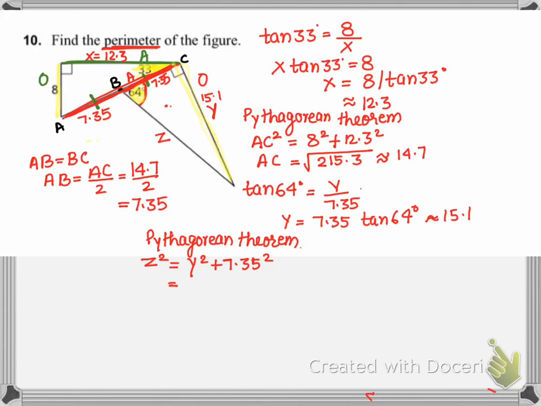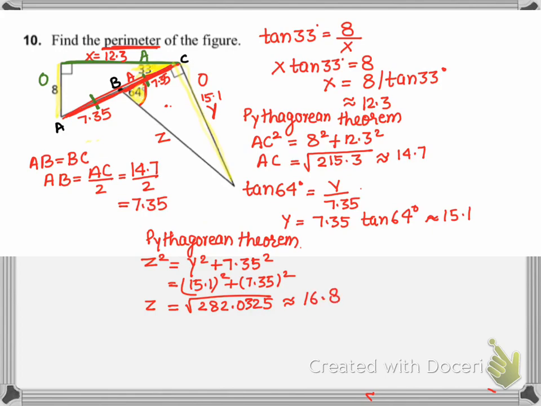So y square, I got 15.1 square plus 7.35 square. When I simplify it, z is going to be the square root of 82.0325, and when you just do the square root, your answer is going to be 16.8.